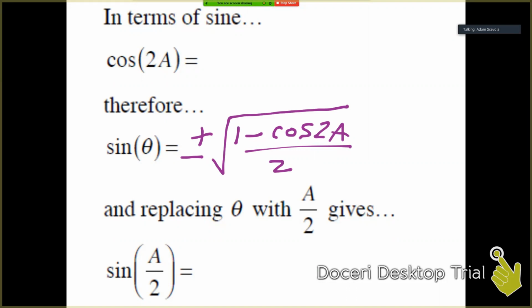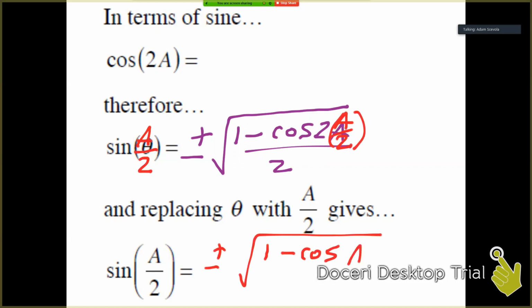Theta and a mean the same thing, but if we replace the input, the angle, with a over 2, then our formula is plus or minus the square root of 1 minus the cosine of just a, because 2a over 2 is just a, all over 2. So that is the half angle formula for sine, and I'll show you how to use it.